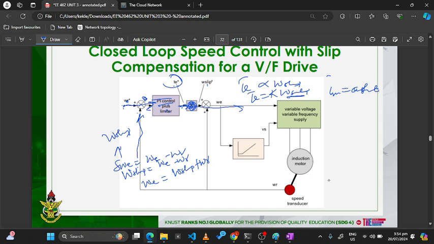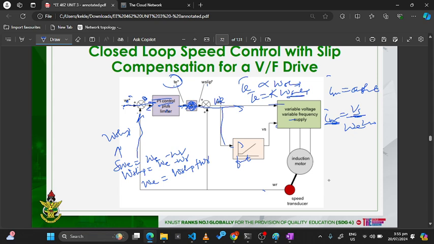Then this slip frequency is added to the rotor frequency, and together that will give us the required omega E. Then this omega E goes to a function generator, and generates the corresponding Vs, which will give us Im constant.